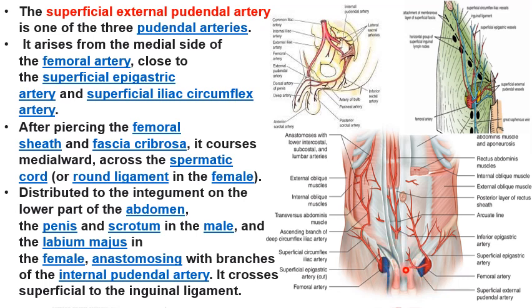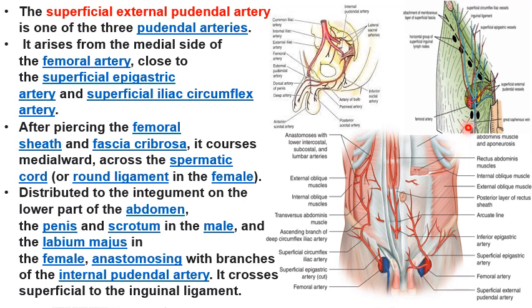It supplies the penis and scrotum of the males and labia majora in the females. And this superficial external pudendal artery anastomoses with the branches of the internal pudendal artery by crossing the inguinal ligament.